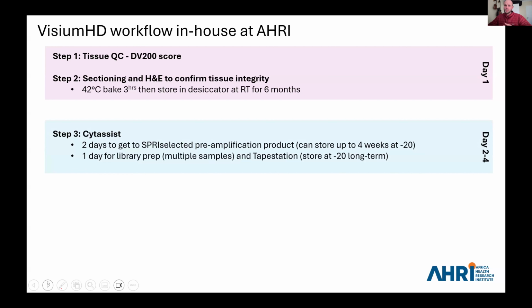So in the next 2 to 3 days, depending on how quickly you need the data, you can then process your samples up to the pre-amplification step, and this is a SPRI select protocol, and you can store the samples at this stage for up to 4 weeks at -20. But generally we continue to doing the library preparation, and here you can store the samples long term at -20.